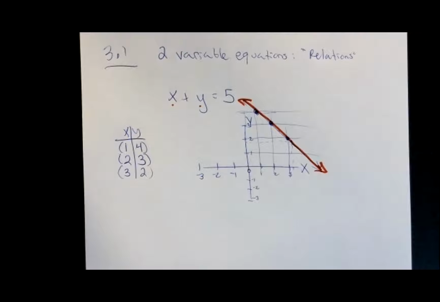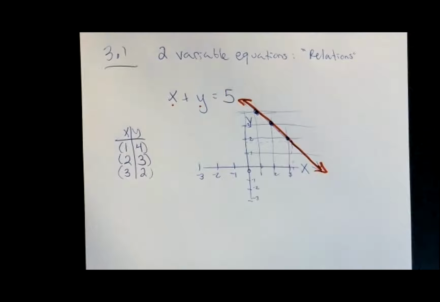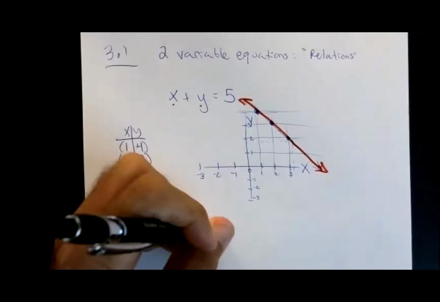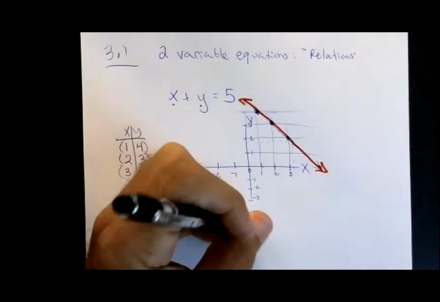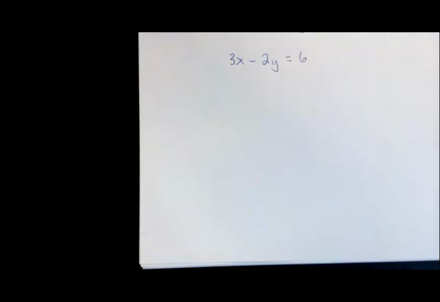And the more things you have going on, so a simple X and a simple Y, these points are pretty easy to generate. If we did something like this, it becomes a little trickier to find pretty little whole number solutions.